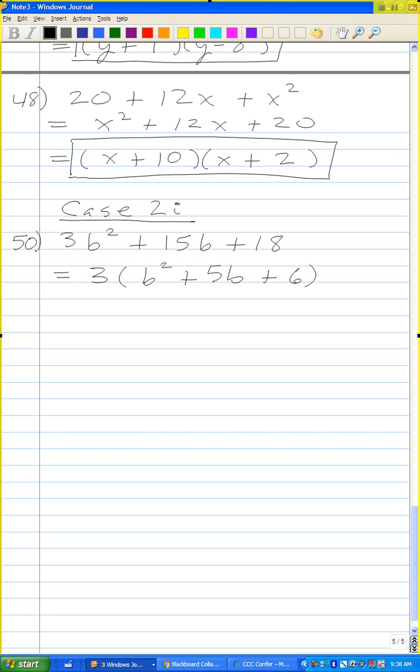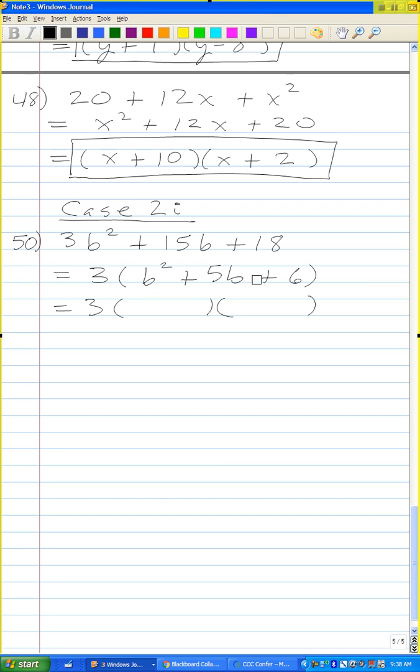So if there is a common factor, factor out your greatest common factor. And so I've done that. And now I can factor what's in the parentheses. So remember to bring down the thing that you factored out, the 3. And so I have here b squared plus 5b plus 6.